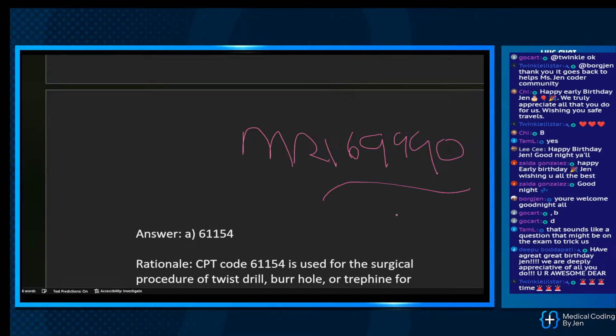I doubt an MRI would be used on local anesthesia. I don't know, but just so you know, anything in the neuro area back here, if they do MRI, that sometimes can be added as an add-on code back here.